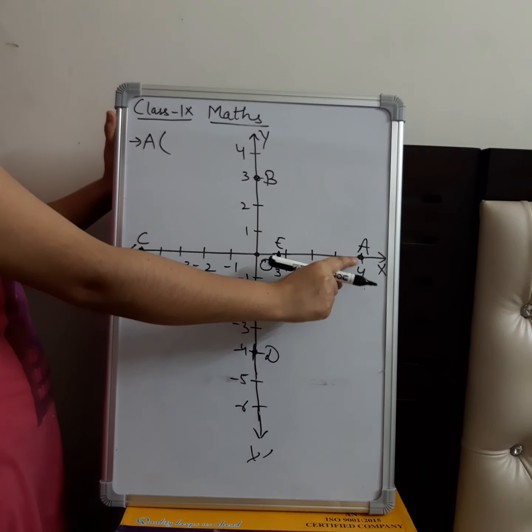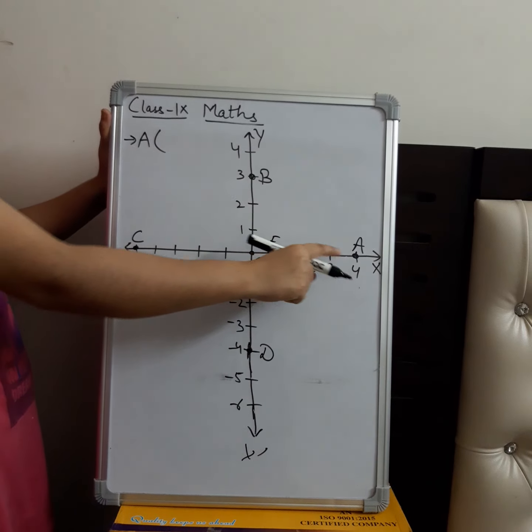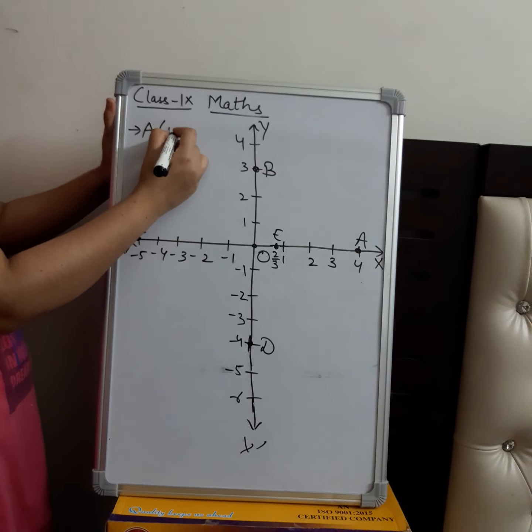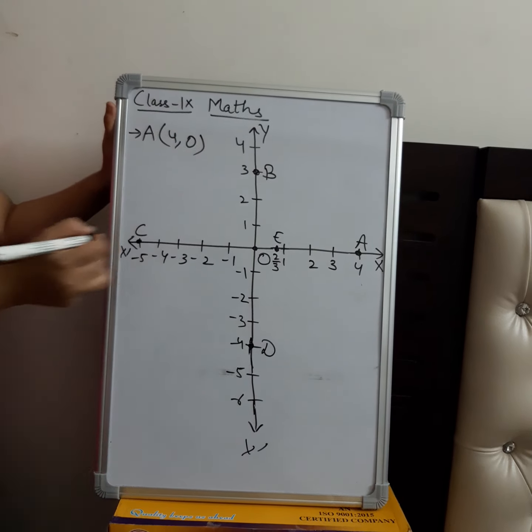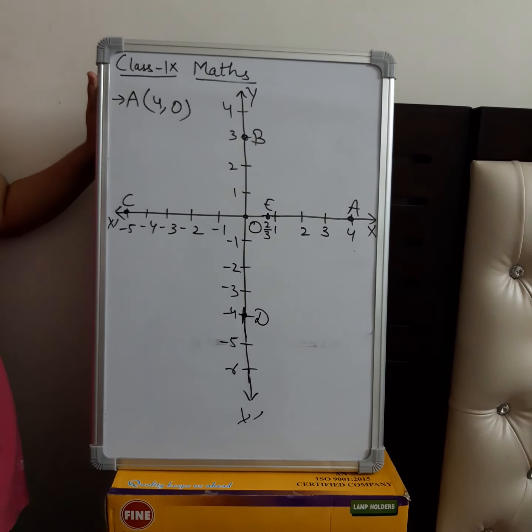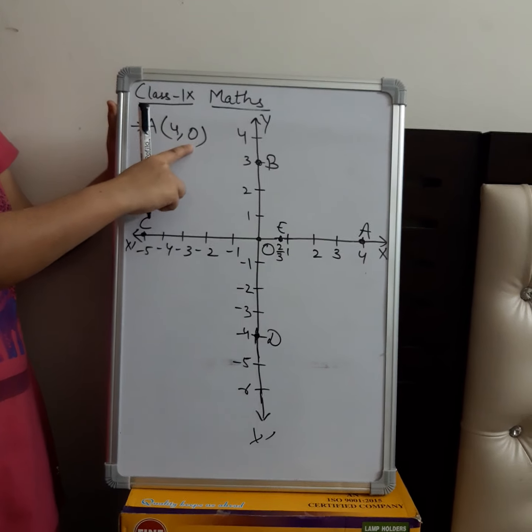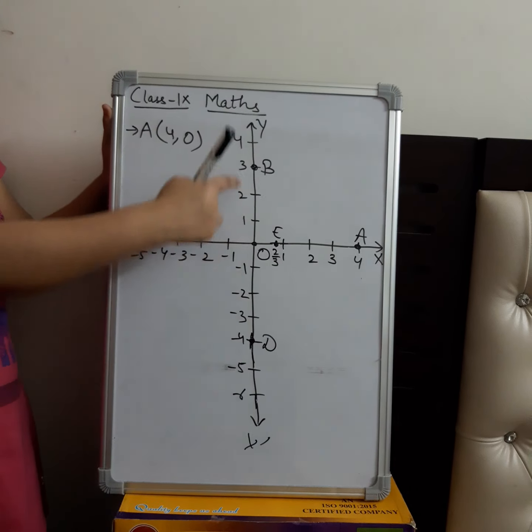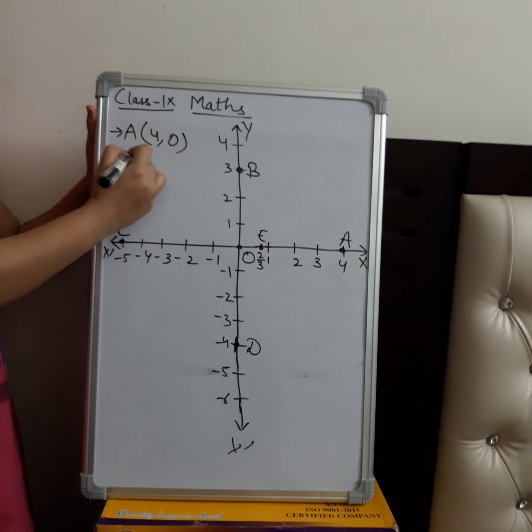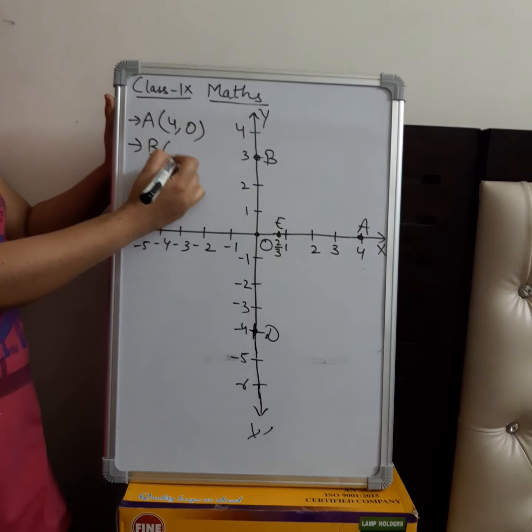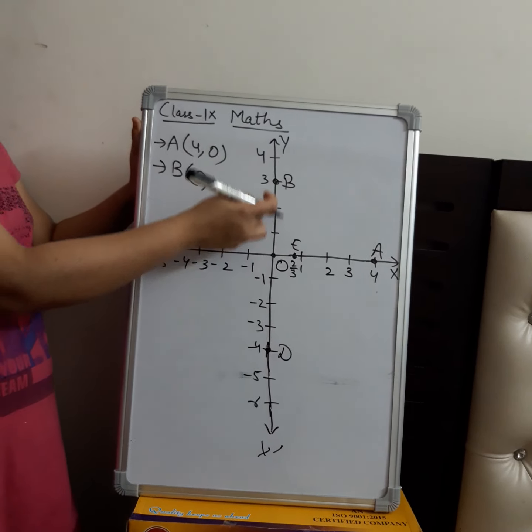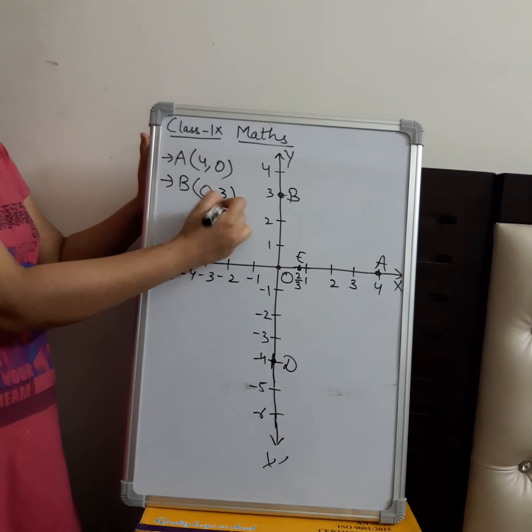The value of x is 4 but there is no value of y. That means it will be (4, 0). So if a point is on the x-axis, its y will become 0. Similarly, if a point is on the y-axis like B, then its x will become 0. So 0 comma, and the value on y is 3.